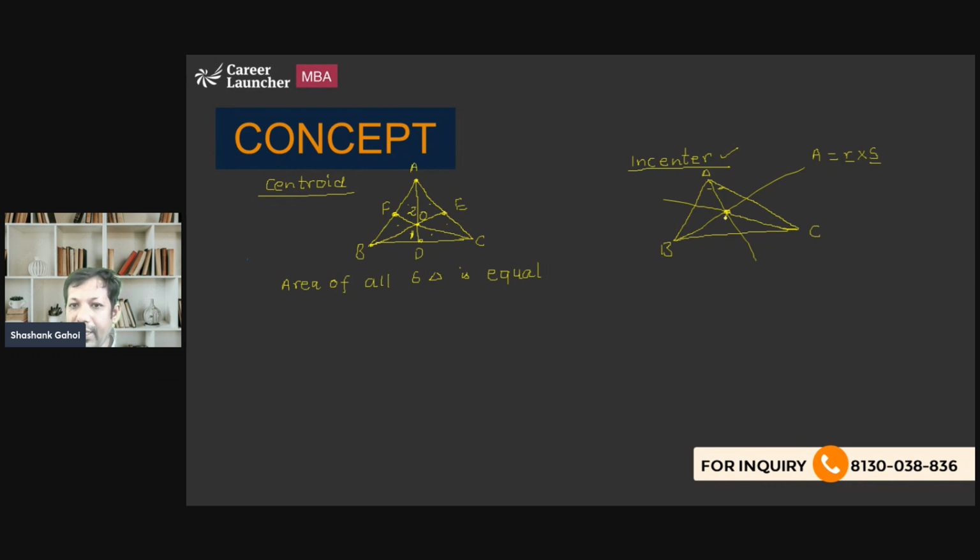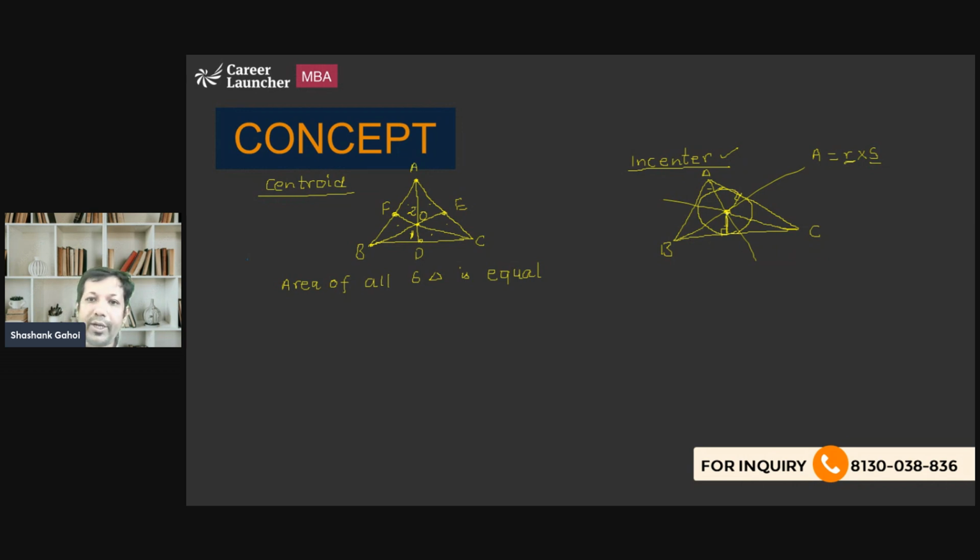Now from that incenter, when you draw the perpendicular, this length is called the inradius, and that is R. By taking this radius, when you draw a circle, that circle is called the incircle, because the length of the perpendicular on any side is always going to be the same. So basically, if this is R, this is also going to be R.